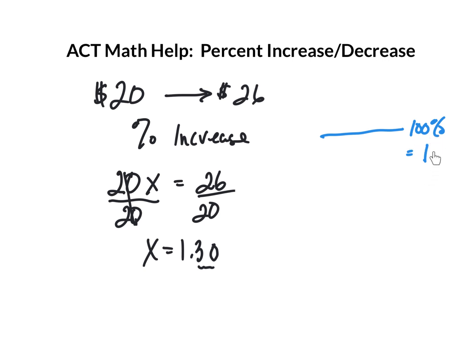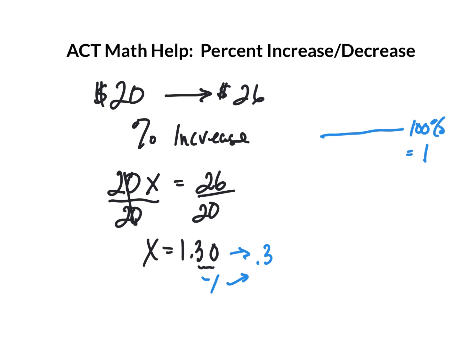100% means you stayed at the same value. So we typically deal with decimals, so we always move the decimal 2 places to convert from a percent to a decimal. So it's 1. You come back to this number and you say, well, how much over 1 is this? Well, it's 0.3 over 1. Of course, we can always just subtract 1 to get that.